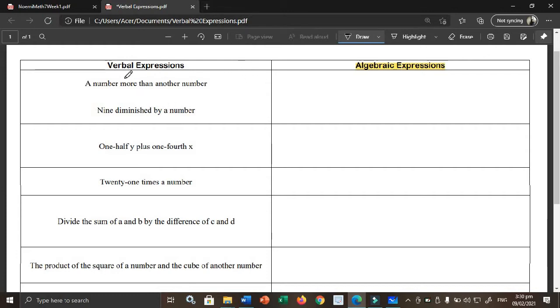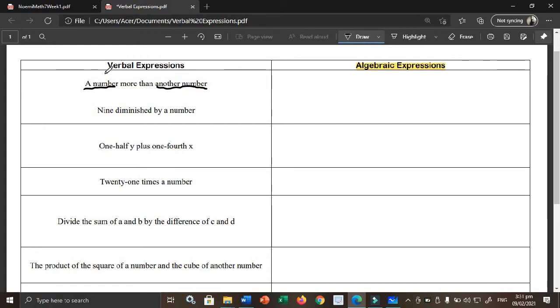As you can see, walang sinabi na specific na number or variable dun sa verbal expression. If that is the case, you are going to assign variable for that. The variables that we can assign are from A to Z. So, the letters of the alphabet, they are all the variables that you can use.